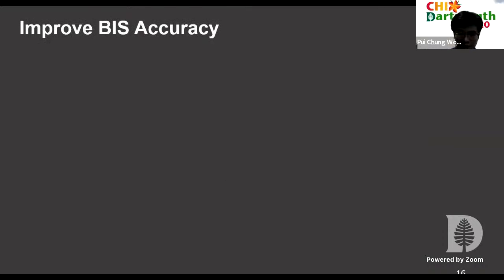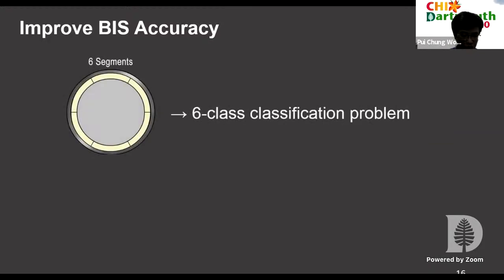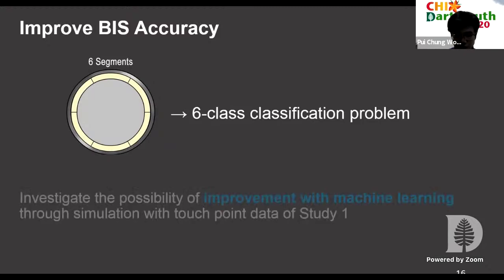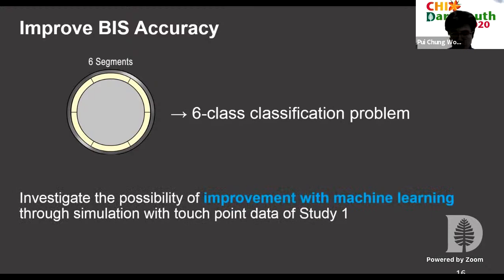To improve the accuracy of bezel initiate swipe, we consider the detection of bezel initiate swipe from different regions as a classification problem. For example, for a 6 segment layout, it is a 6-class classification problem. Next, we explore the possibility of improvement with machine learning techniques.